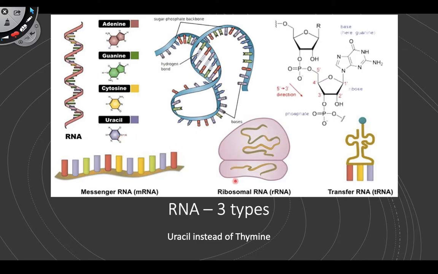The other type of RNA that is made is ribosomal RNA, or rRNA. We're going to learn more about the functions of these types of RNA in our next lesson. But ribosomal RNA is a combination of RNA and ribosomes. And then we have transfer RNA, which looks a little different, and it's a type of RNA that carries an amino acid for protein synthesis. We're going to learn more of this in more detail in our next unit.